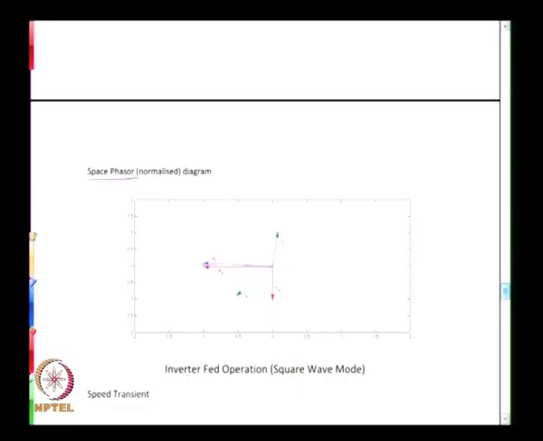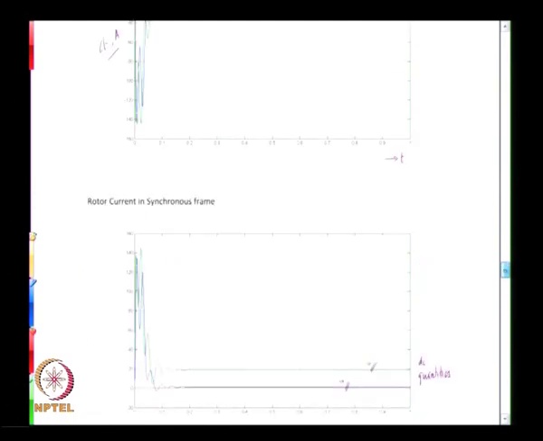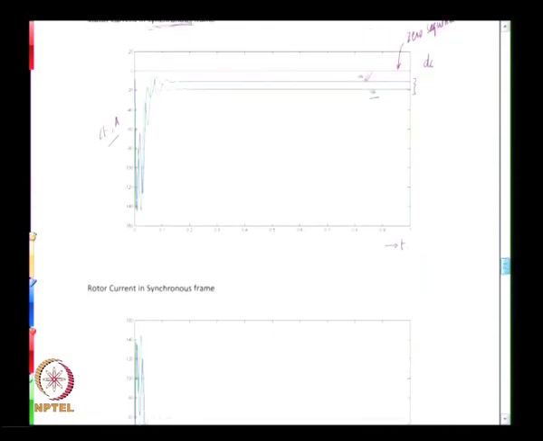So here you see that Vs is the stator voltage phasor, Is is the stator current phasor, and this phasor diagram can be obtained from your ID IQ plot. The stator current phasor I in the synchronous reference frame is nothing but ID plus j times IQ, and that is what is shown here.